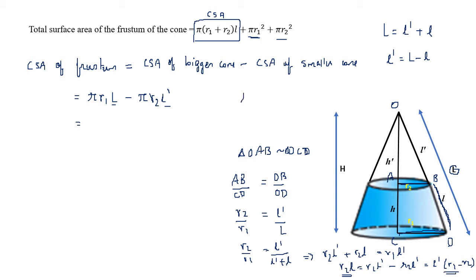Now instead of this L, I'll put L prime plus L. So I get pi R1 bracket L prime plus L minus pi R2 L prime.